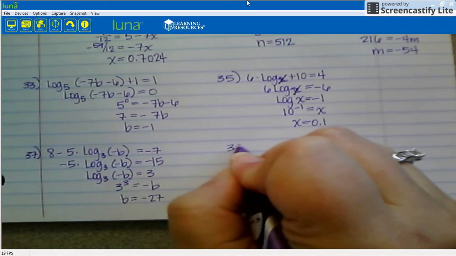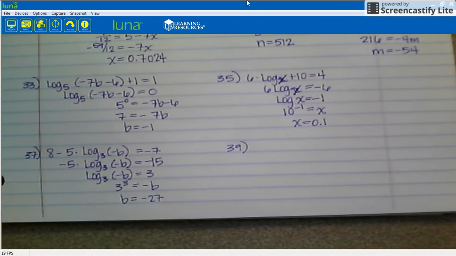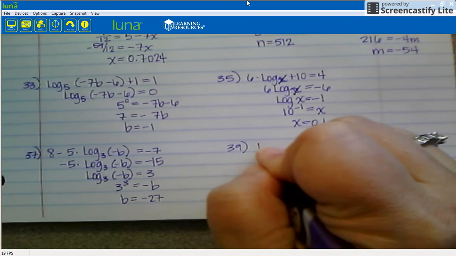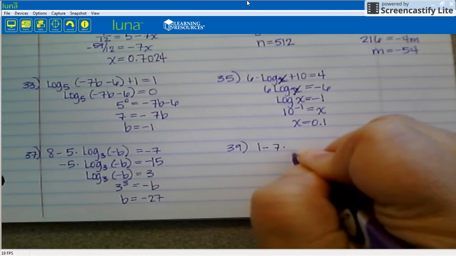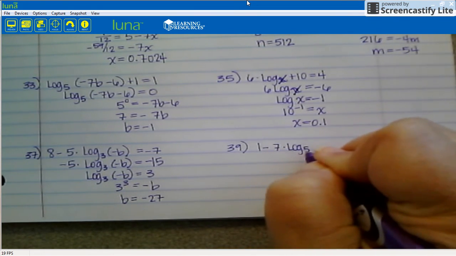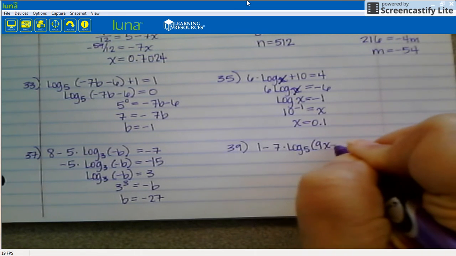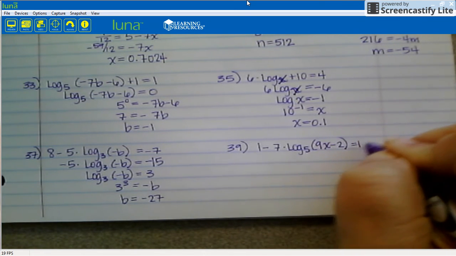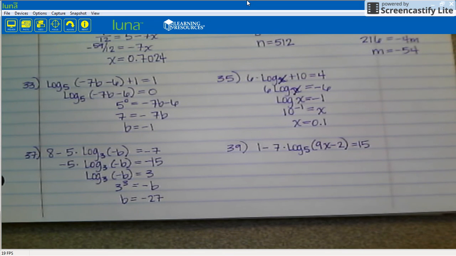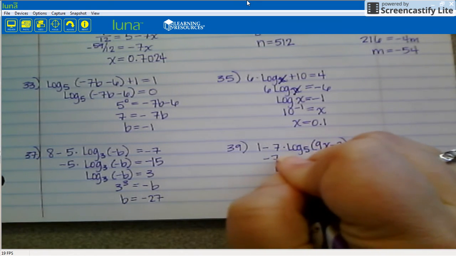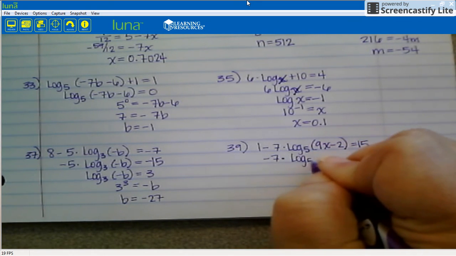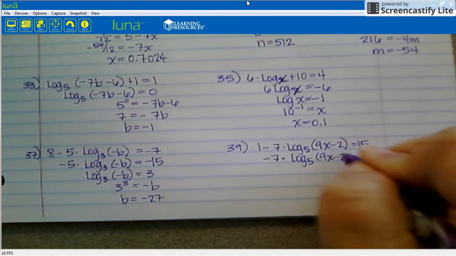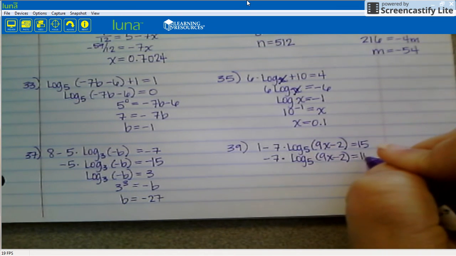And for the last one, before you try them on your own, number 39, we have 1 minus 7 times log base 5 of 9x minus 2 is equal to 15. We subtract 1 from both sides, so I have negative 7 times log base 5 of 9x minus 2 is equal to 14.